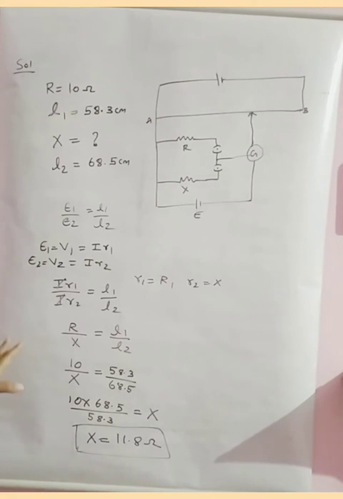In short, understand it this way: how we can get the balancing point by increasing its length, first thing. Or the second thing we can do is increase the current through AB. So these are the two ways we can balance it. Okay, so this is clear to you.